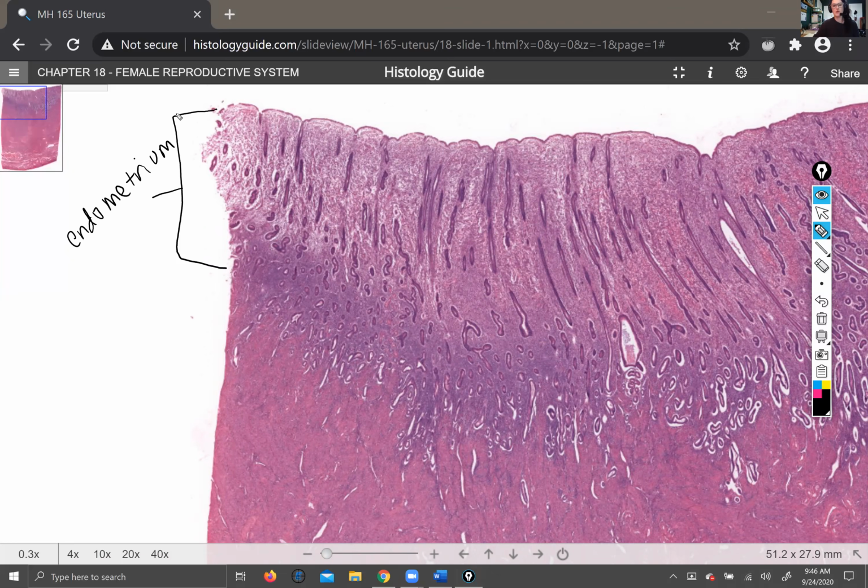So that's the endometrium. And let's draw sort of the limit on it, what divides it from the tissue below, which I will mention momentarily. So I'm just going to take my yellow.